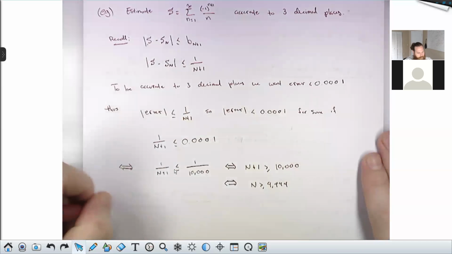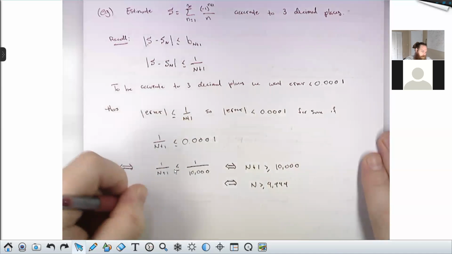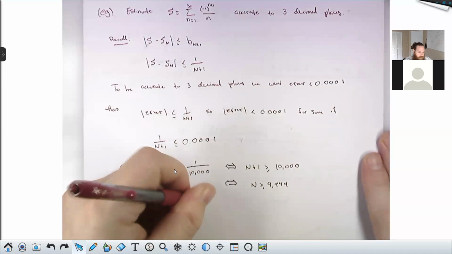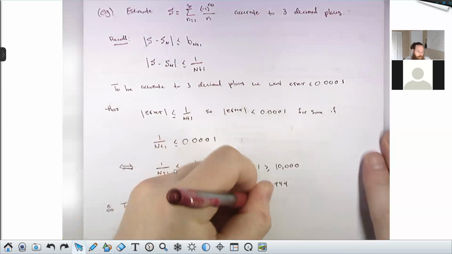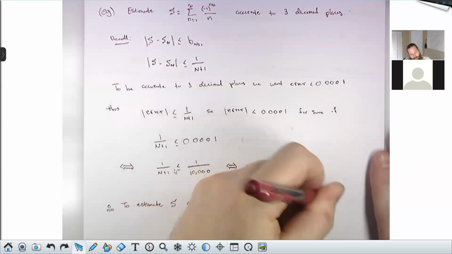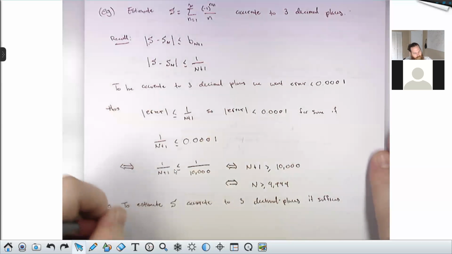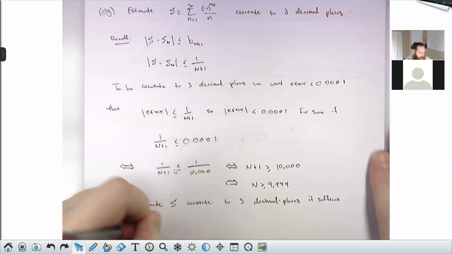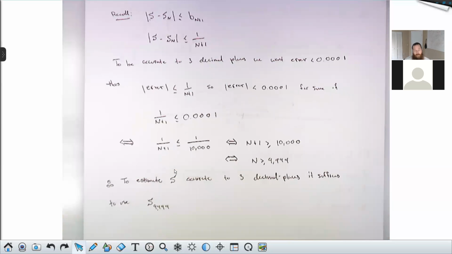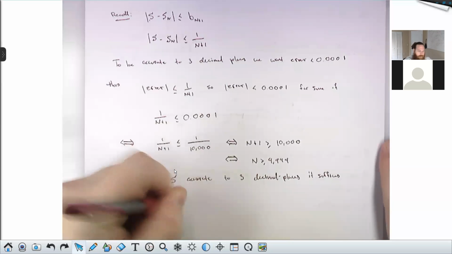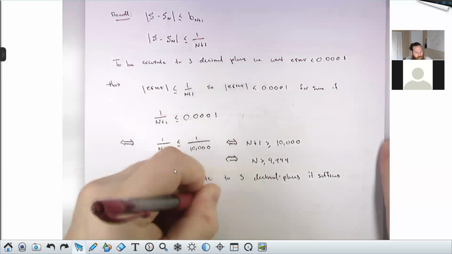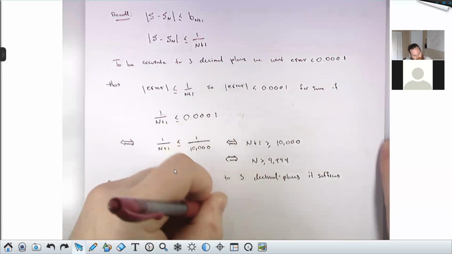So to estimate the series S accurate to 3 decimal places, it suffices to use S sub 9999, the 9,999th partial sum, which is the sum from n equals 1 to 9,999 of (−1)^(n+1) over n.